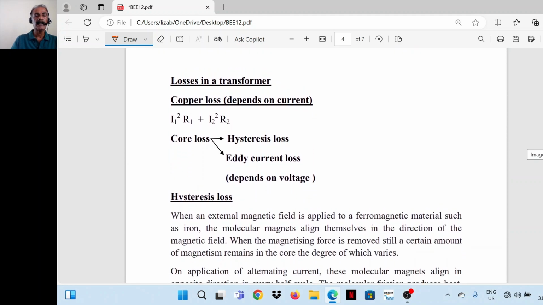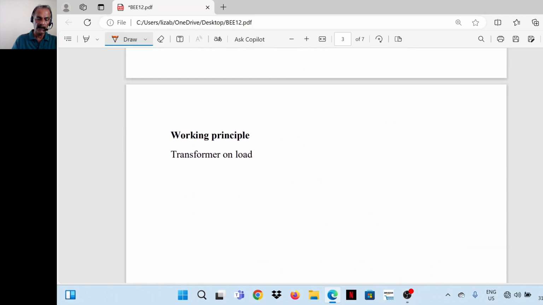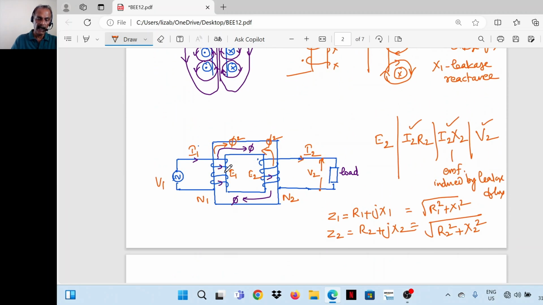Now, the power losses in a transformer. First one is copper loss. We have seen the primary winding has a resistance, the secondary winding has a resistance. Current through the primary winding is I1, current through the secondary winding is I2. So what is I1 square R1?